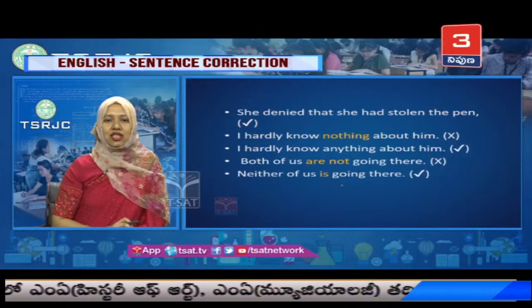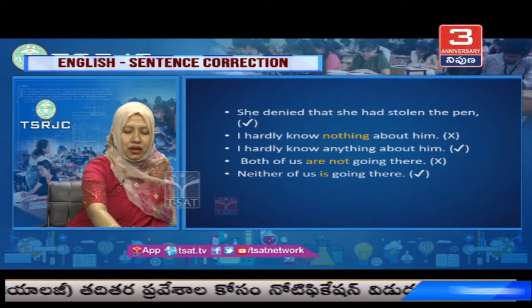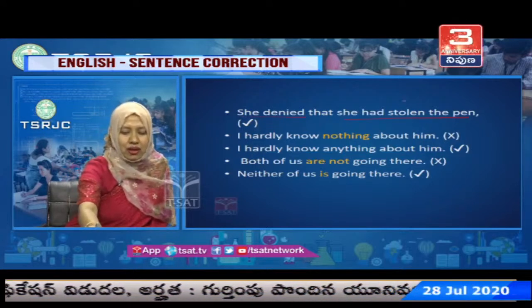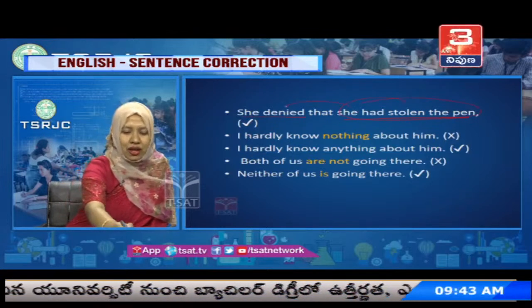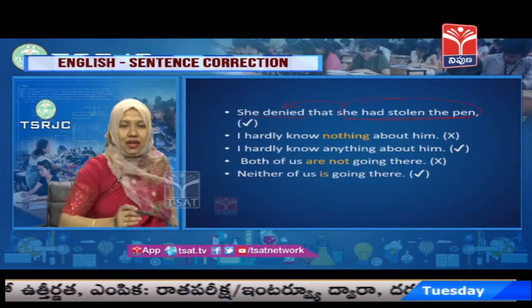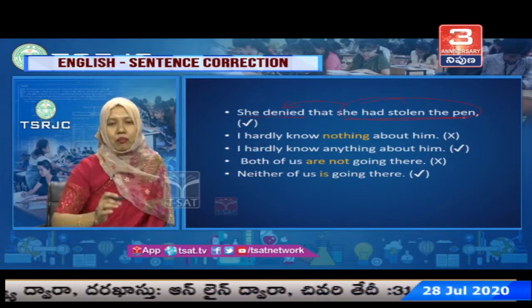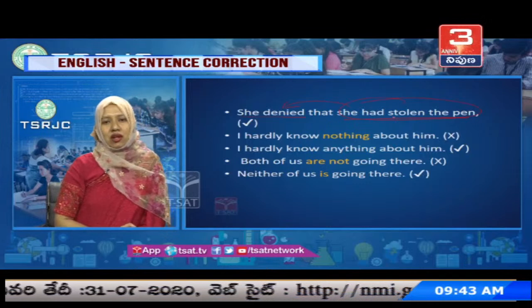You should say, she denied that she had stolen the pen. Here this does not mean that she had stolen the pen. Using the word denied, you are saying she said no, she had not stolen the pen. So there is no need of using not in this clause.